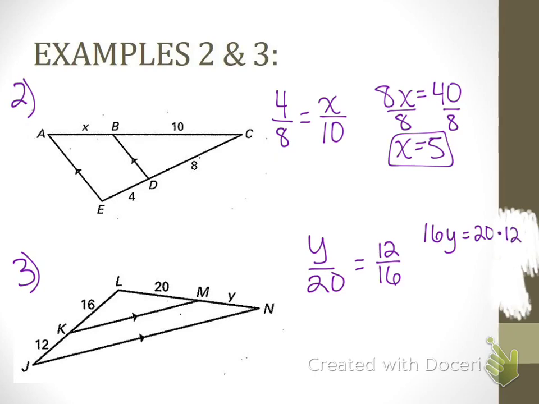To solve this, we would have to divide both sides by 16. Again, if you have a calculator, great. If not, you can do some simplifying here. You could divide this one by 4. And then divide the 12 by 4. You should get y equals, I think 15, right? Yeah. 15?